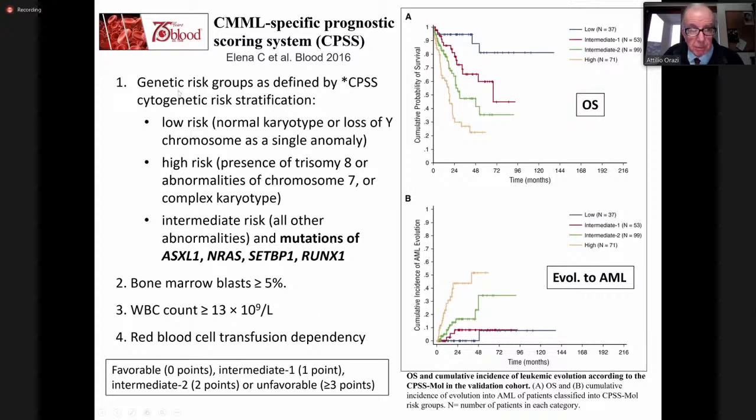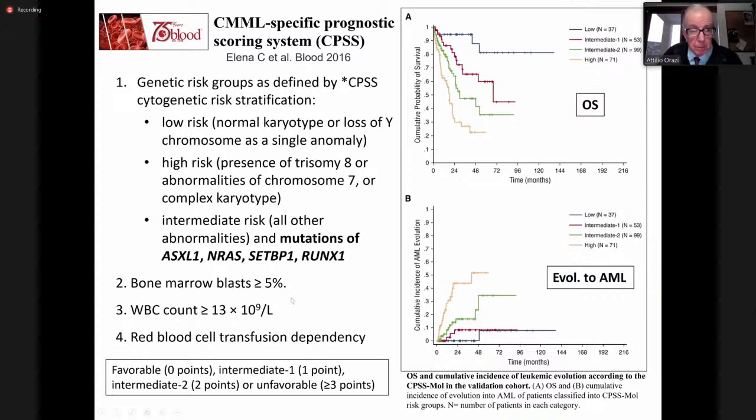So they basically consider 3 groups here in the genetic risk group. Low risk: normal karyotype, loss of Y, which is usually age-related, as a single abnormality. High risk: trisomy 8 or other abnormality, chromosome 7, complex karyotype, where you make a difference with the mutations. Intermediate risk: all other abnormalities, and mutation of ASXL1, RUNX1, NRAS and SETBP1.